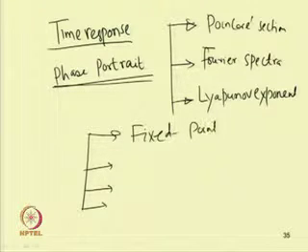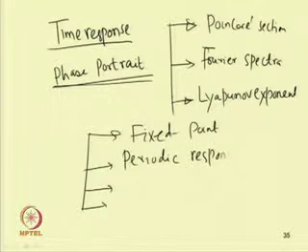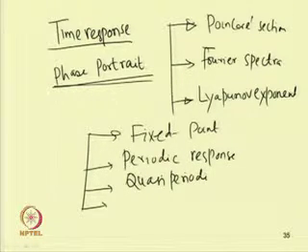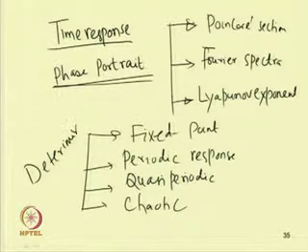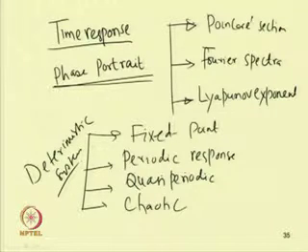Also, we have periodic response. Also, we have quasi periodic response, and we have chaotic response. So, for a deterministic system, we have these 4 different types of response of the system.